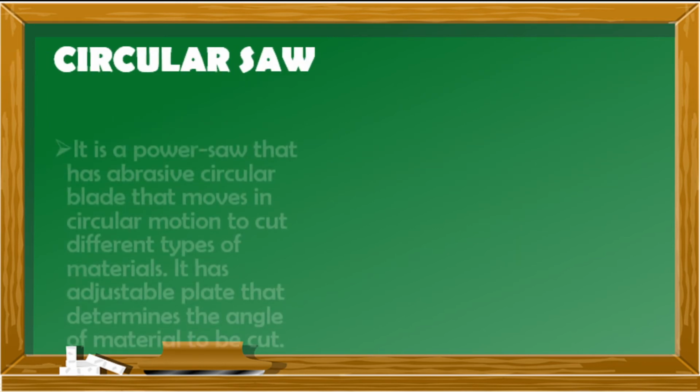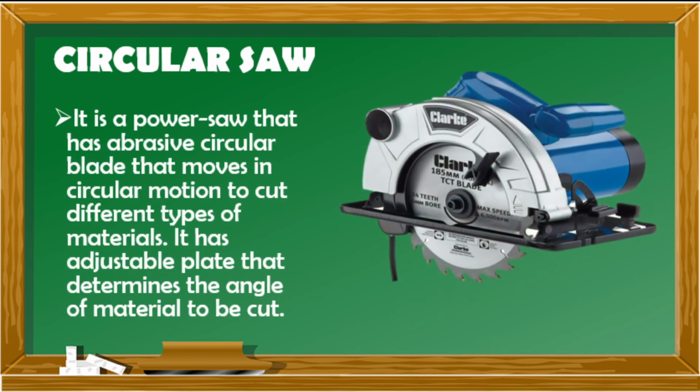Circular saw. It is a power saw that has an abrasive circular blade that moves in a circular motion to cut different types of materials. It has an adjustable blade that determines the angle of materials to be cut. So for heavy duty cutting siya. So kahit ano pa mga sizes yan, pero yung sapat lang para sa kanya.